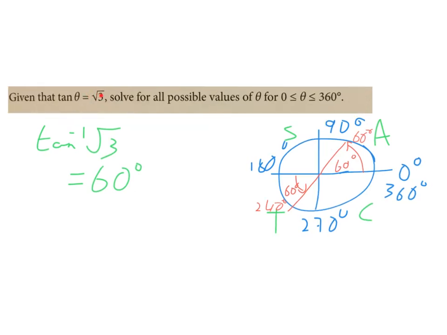If you tried to find this tan inverse of root 3, you would get 60 degrees. Or even using the log tables on page 13. But the reason behind using the unit circle is because there's actually two answers to this question, because it asks us between 0 and 360 degrees. So writing out our answers then, the answers are 60 degrees and 240 degrees.